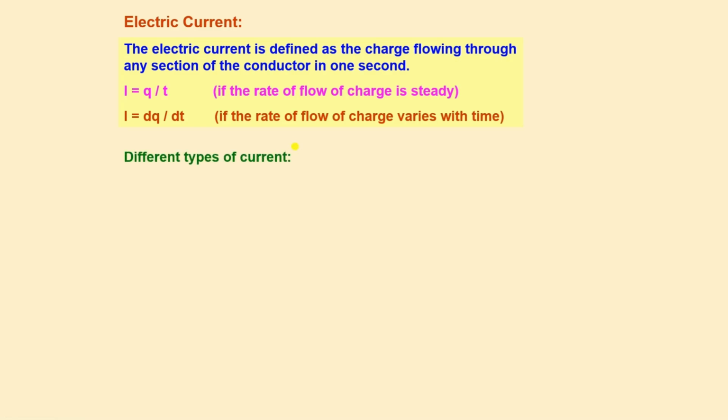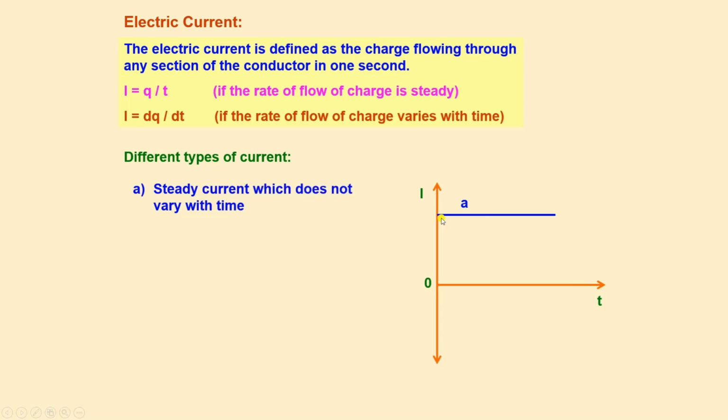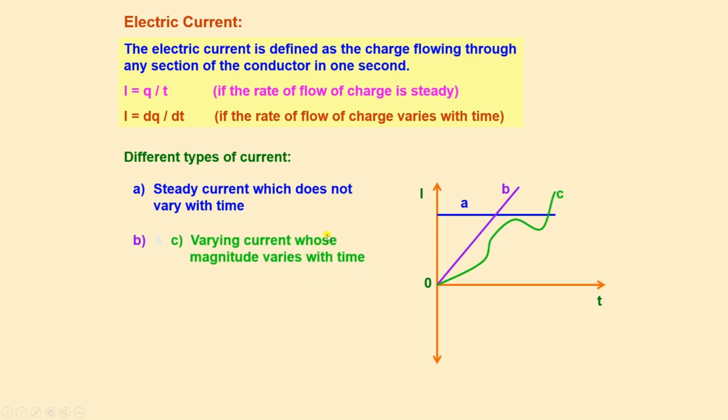There are different types of current. Here in this graph, time is taken along this axis and current along this axis. A steady current is represented by this blue line, a current which does not vary with time. The second one is varying current.